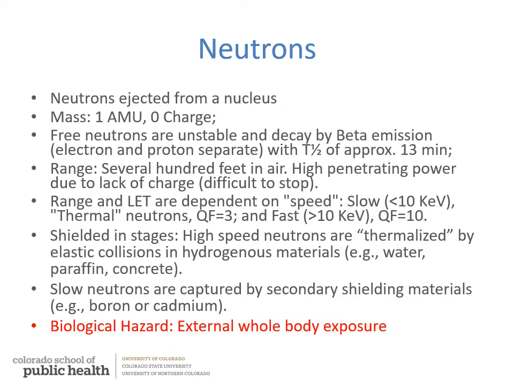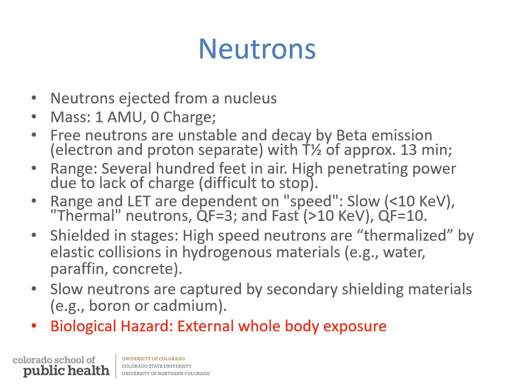Now these can be shielded in stages. High-speed neutrons are thermalized by elastic collisions with hydrogenous materials like water or paraffin or concrete. But slow ones are captured by secondary shielding materials like boron or cadmium typically. Now, their main hazard is external whole body exposure as opposed to internal exposure.